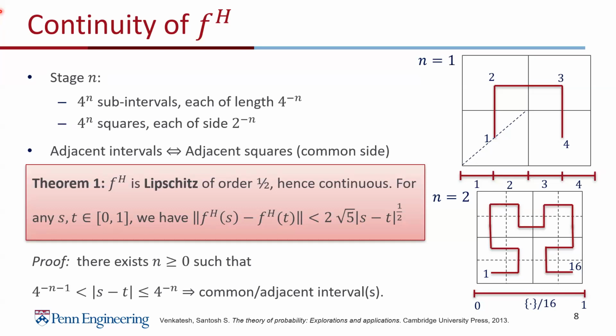If two points are in the same subsquare, then the diagonal is the maximal distance between them, and you can compute it. If they are in adjacent subsquares, then the diagonal of the rectangle is going to be the maximal distance, and you can still compute that. That's where this upper bound comes in, so that you can make this Lipschitz argument.